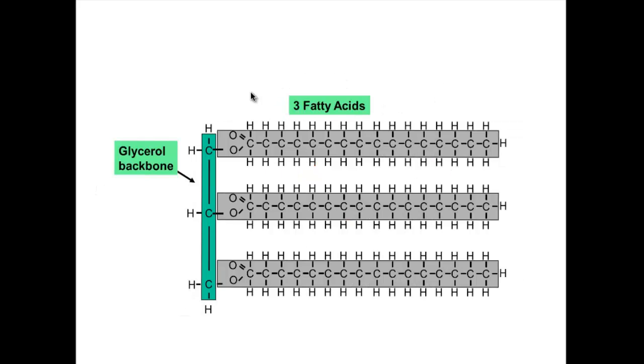We also see this in other structures, and this is just an example of another one. And we have the glycerol backbone and some fatty acid tails. And these fatty acid tails can be organised in different ways. Sometimes we say they're saturated and they have lots and lots of these hydrogen molecules, and sometimes they're unsaturated.